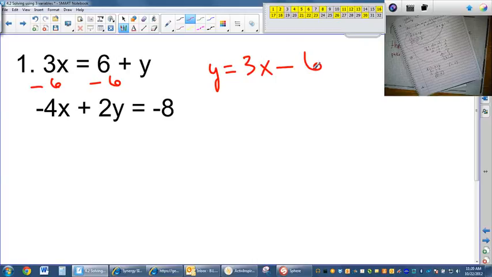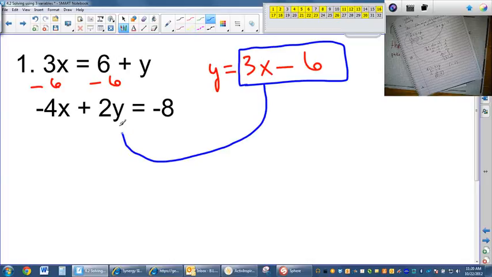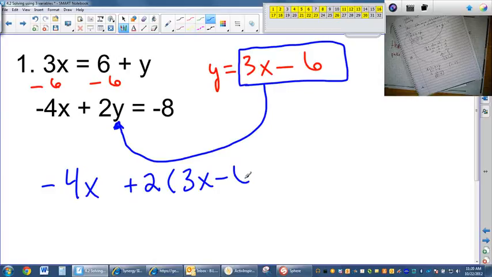Now that I know what y equals, I want to take this value of 3x minus 6 and plug it into the other equation for y. When I do that, my new equation here in blue is negative 4x plus 2 times 3x minus 6 equals negative 8.